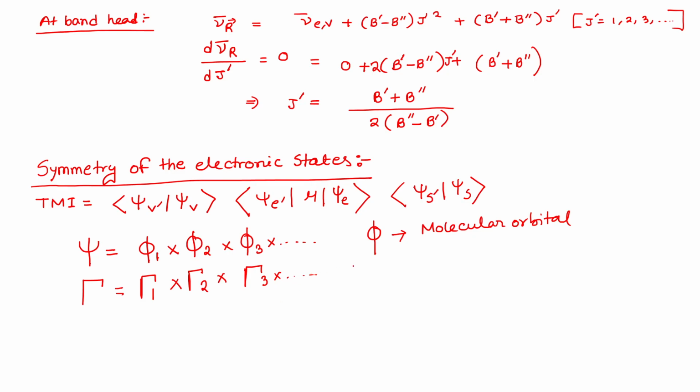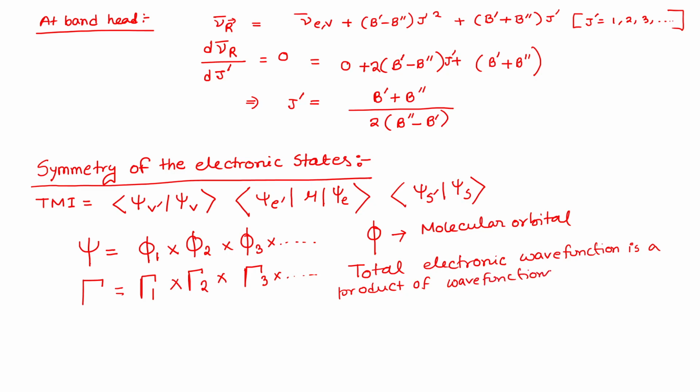So in writing we can say the total electronic wave function is a product of wave functions of MOs, right?